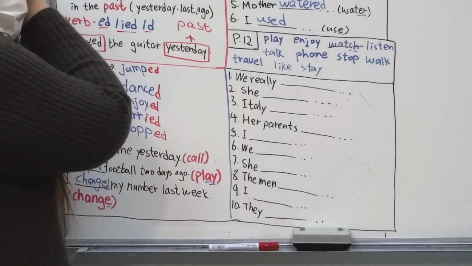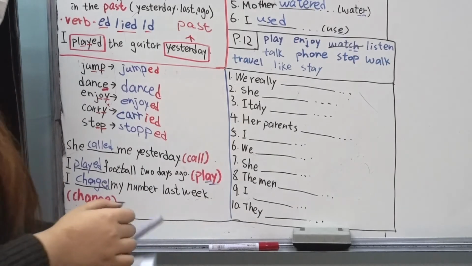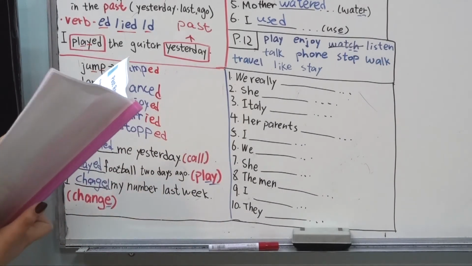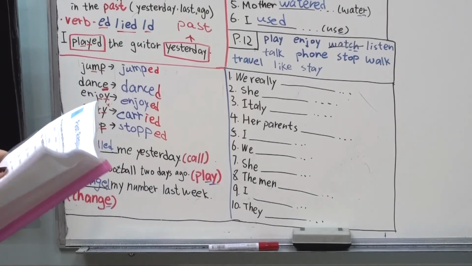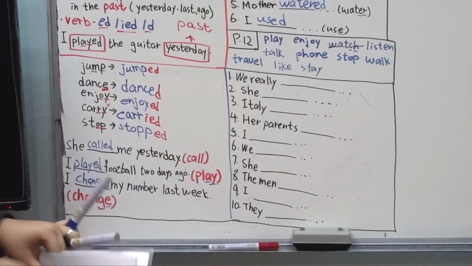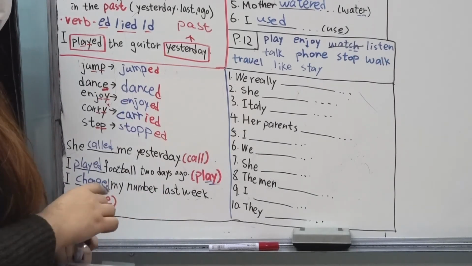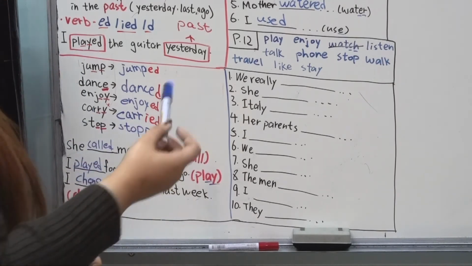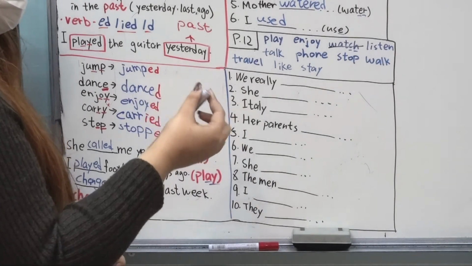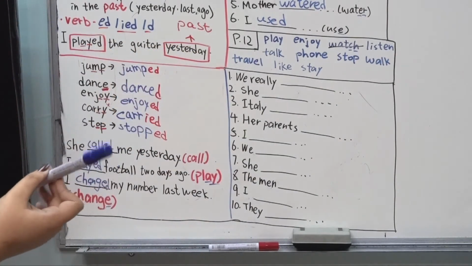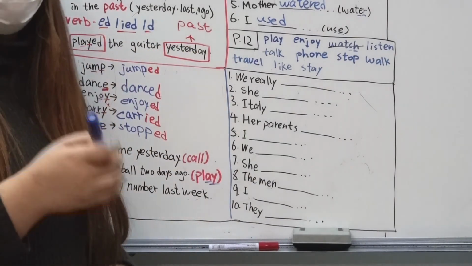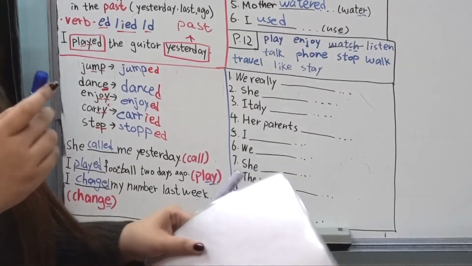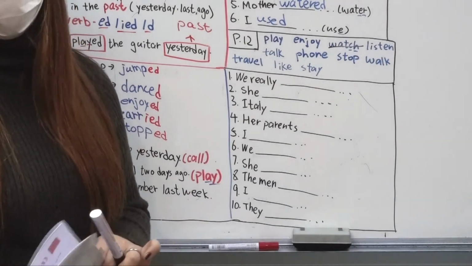Let's do number 1. We really watched the concert last night. It was great. They gave you the concert, right? What a concert is? It means a show, okay? Maybe a singer came to Hong Kong and you watch his or her show, right?